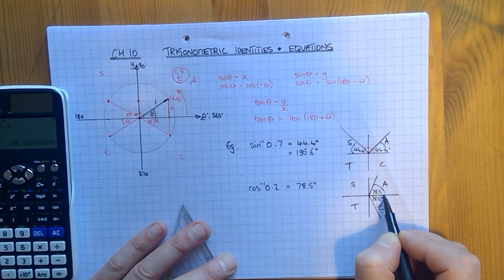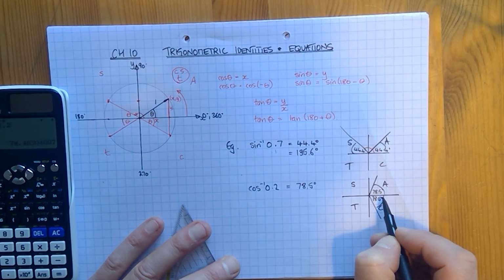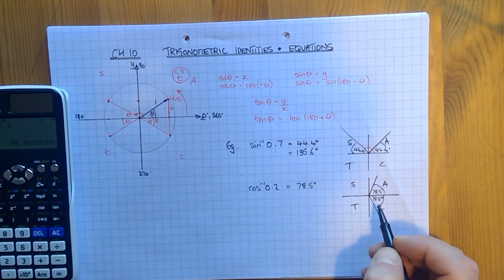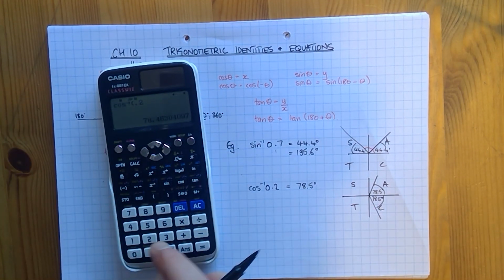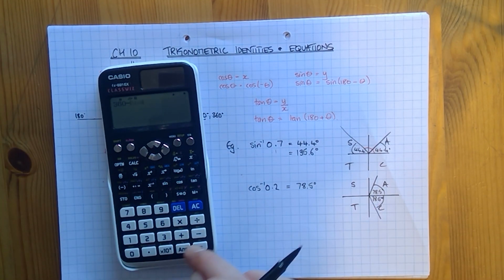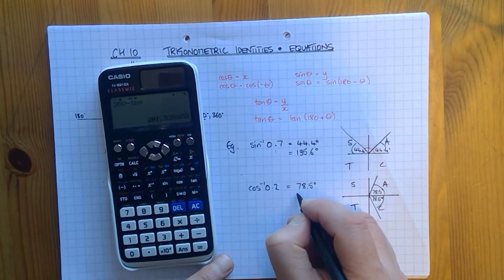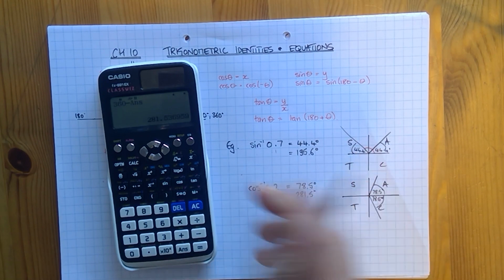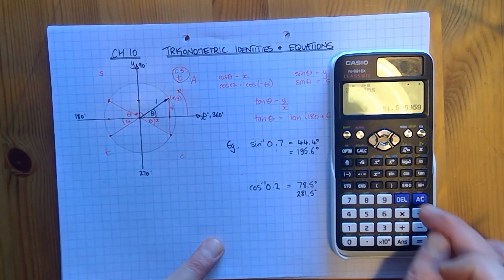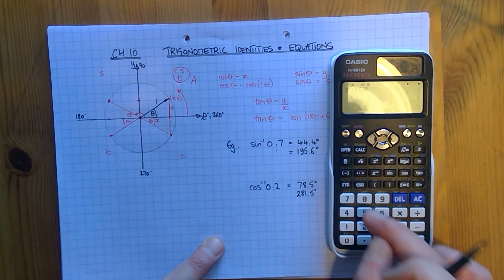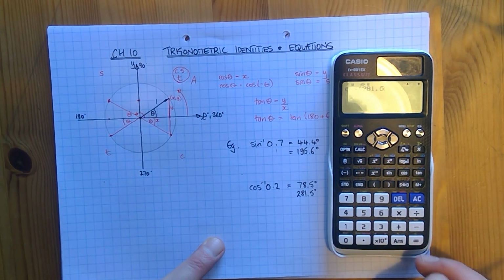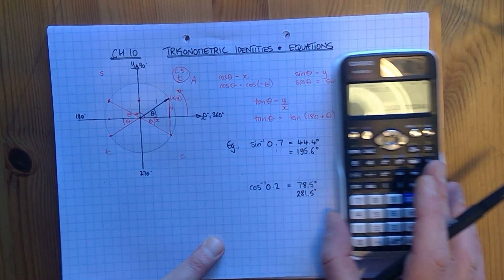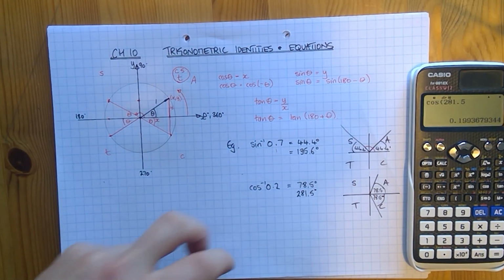So this angle is either minus 78.5, or 360 take away 78.5, which is 281.5. Let's just check that. Cos of 281.5 is 0.2, give or take.